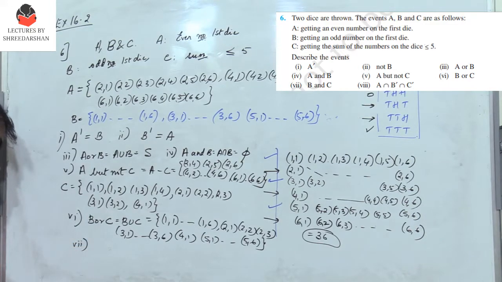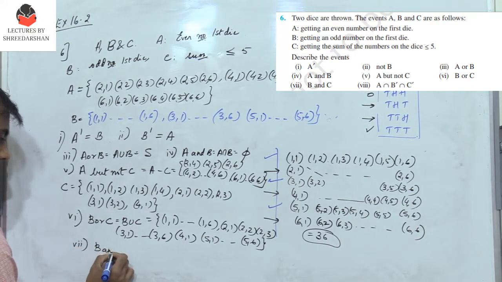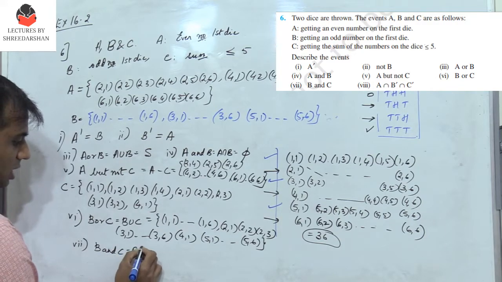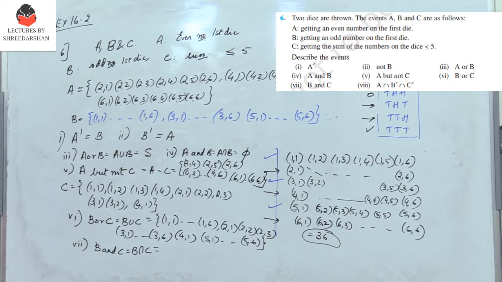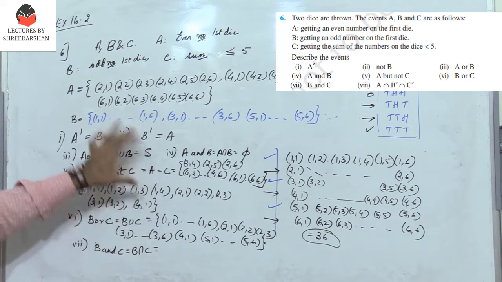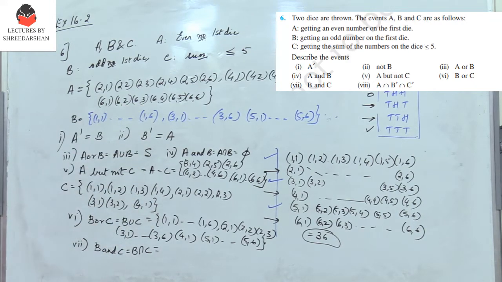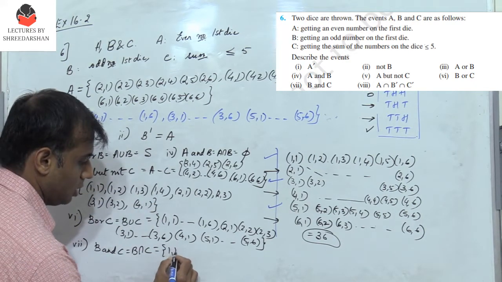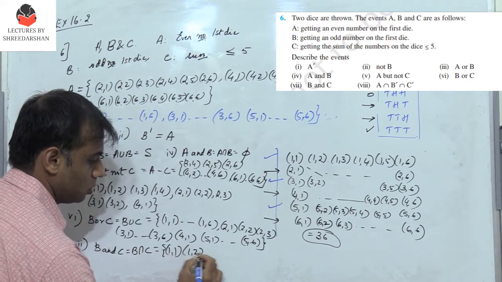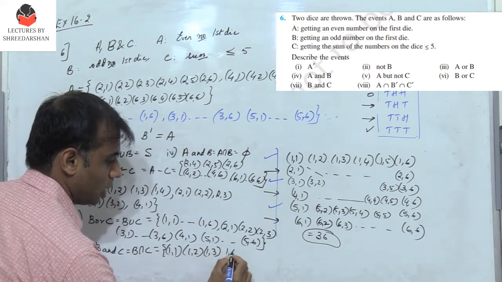Now seventh one, B and C. What is B and C? It is B intersection C. So what is common between B and C? I have 1, 1, 1, 2, 1, 3, 1, 4 which is common between these two. So I write them: 1, 1, 1, 2, 1, 3 and 1, 4.